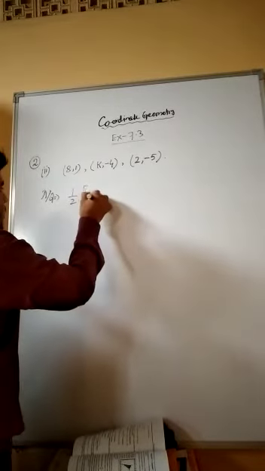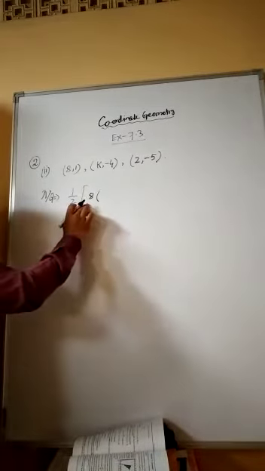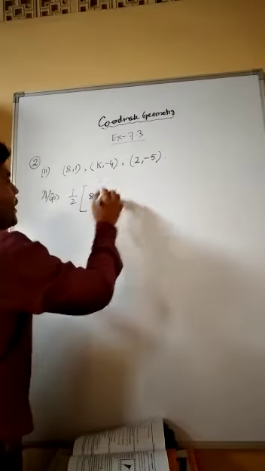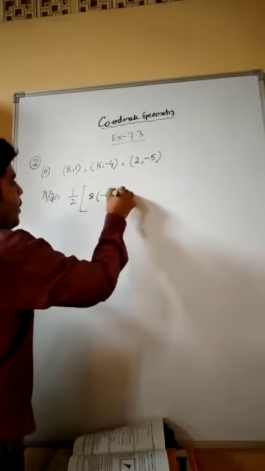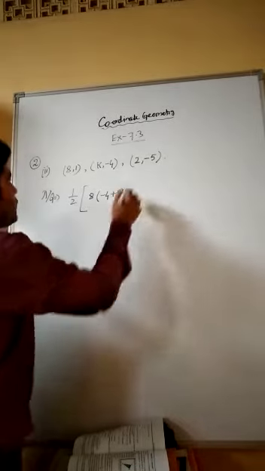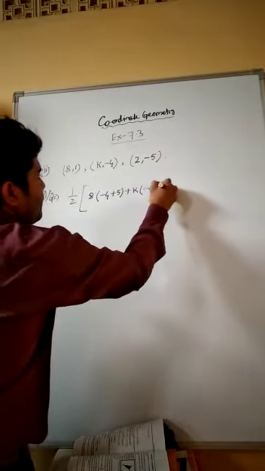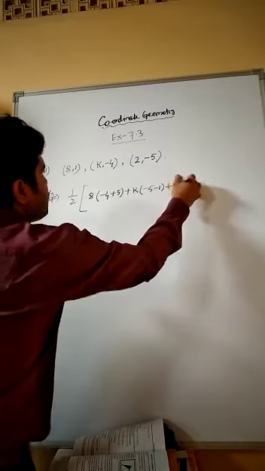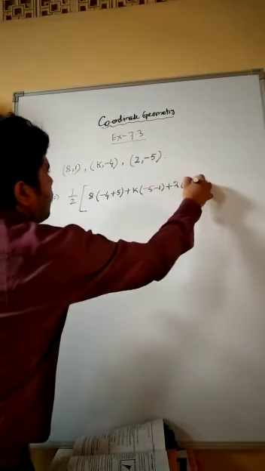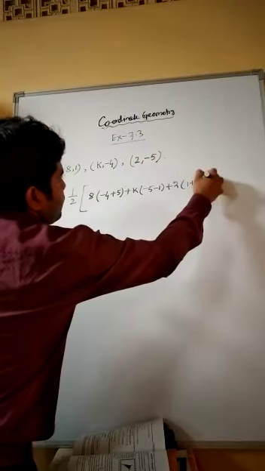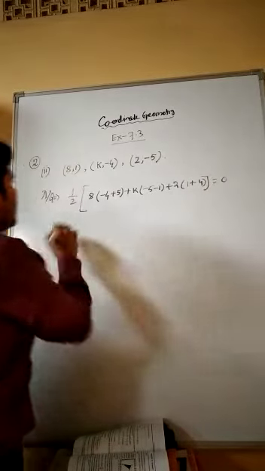So x1, abscissa, I have written. Then the difference between the other two coordinates: minus 4, it will be plus 5. And then plus 1, then k, minus 5, minus 1, plus 2, 2, then 1 minus plus 4. So this is given as 0.